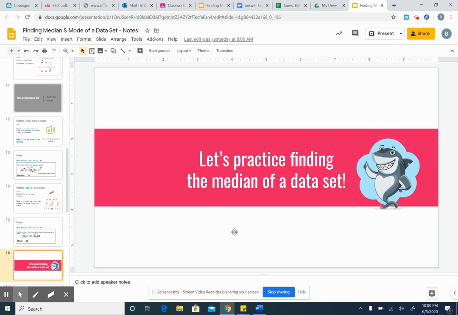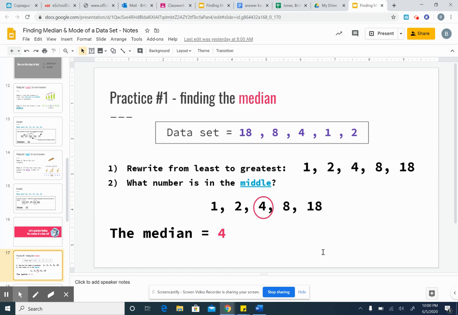Let's practice finding the median of a data set. So here we go. We have our data set right here. It's just a group of numbers, 18, 8, 4, 1, and 2. Let's rewrite them in order from smallest to biggest. 1, 2, 4, 8, 18.